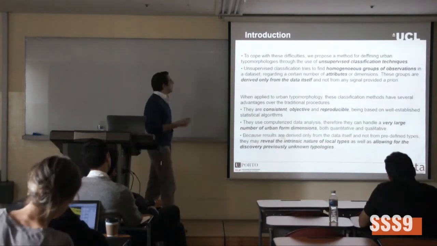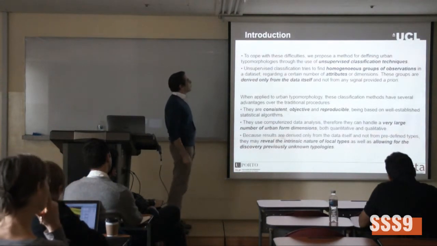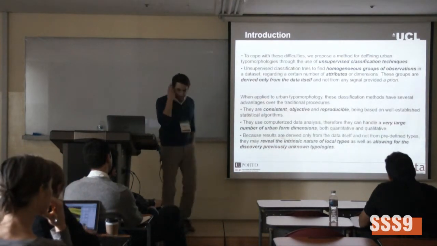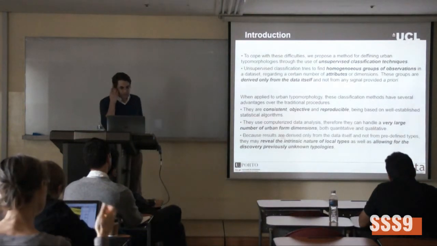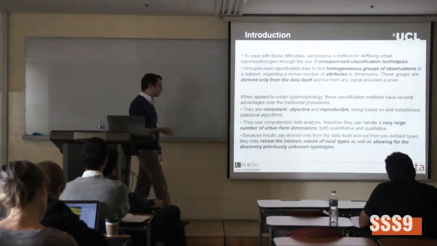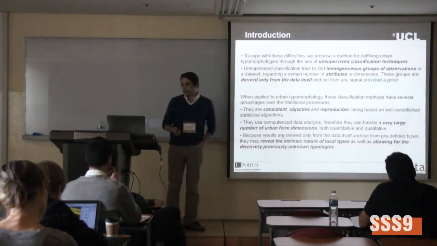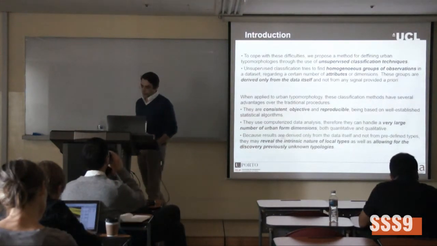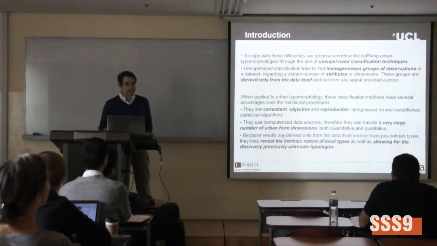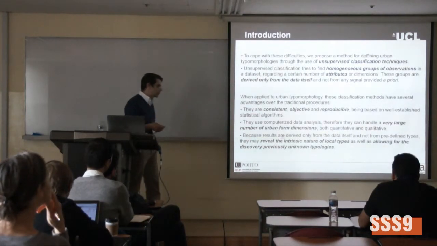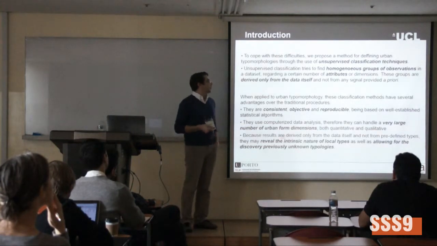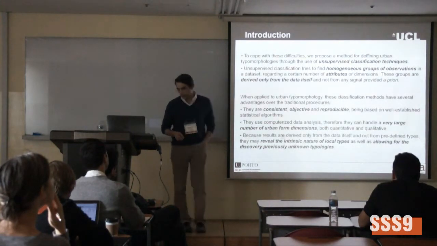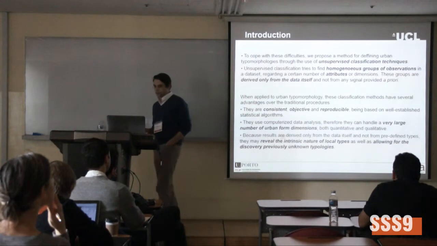To address these difficulties, we propose a different method for defining typo-morphologies, which is the use of unsupervised classification techniques. These are the kind of methods used in many other scientific disciplines, which have become totally paramount to them, and probably the levers upon which those disciplines advance today.